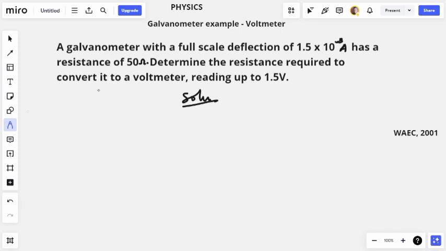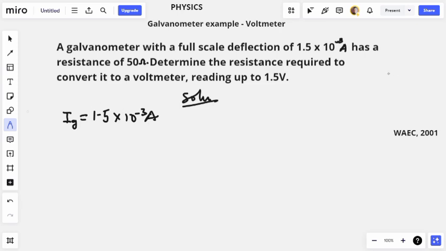Now we have to write out our parameters first. The first parameter here is a full scale deflection of that amps. That is galvanometer current. That's the current that will make it go full scale deflection. It is 1.5 times 10 raised to the power of minus 3 amps, galvanometer current.